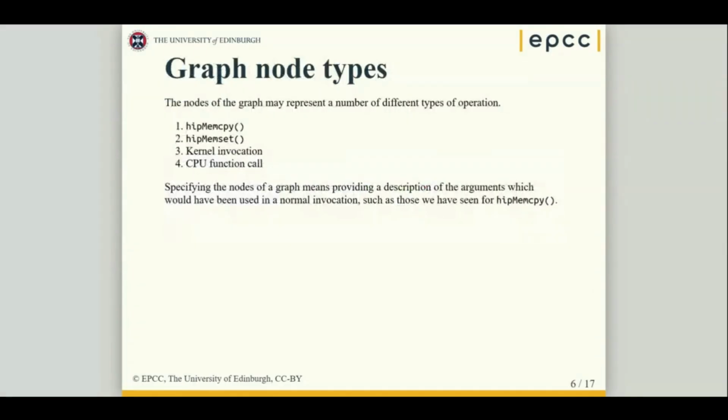I was talking about the graph node types. We have these ones. We have kernels. We have memory operations, the hipMemcpy, memset, and also we can have a CPU node for anything that we need to do with CPU function calls.